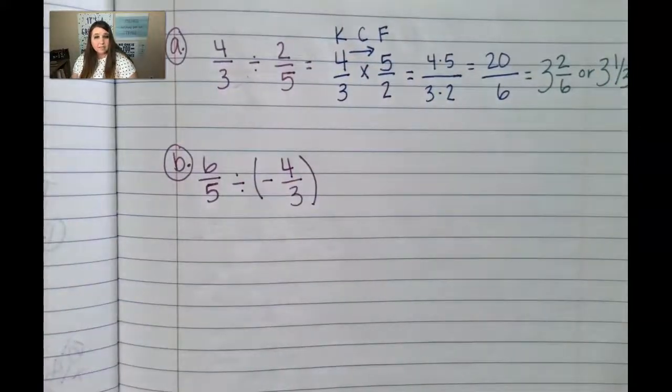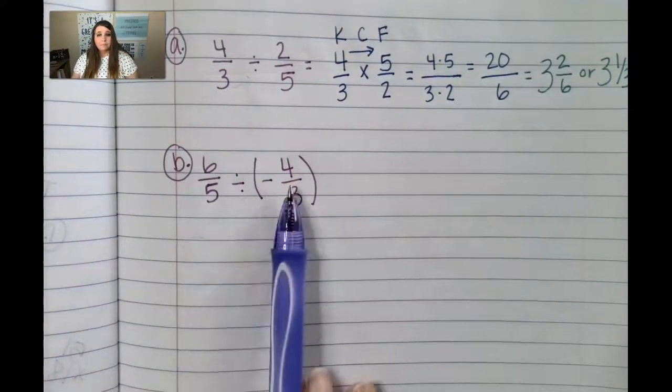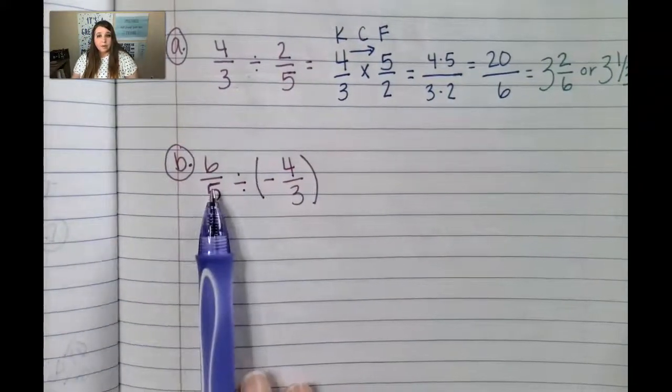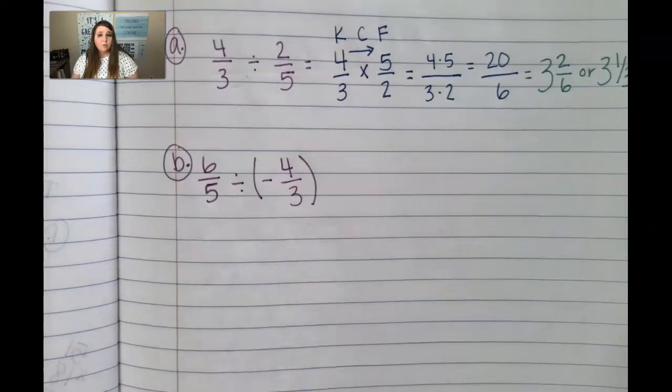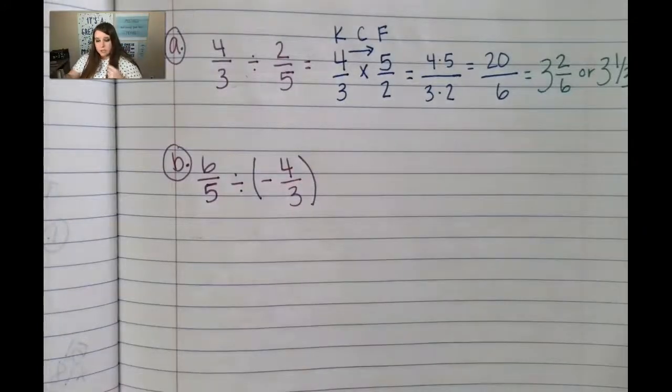Again, this one's nice because it's already improper fractions, so we didn't have to worry about using mixed numbers here.